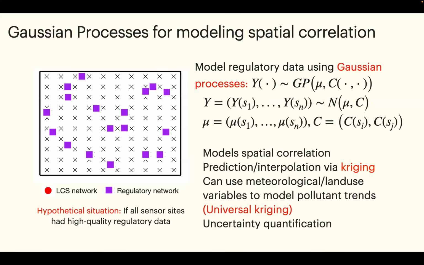You can predict at any new location using conditional distributions, which is called kriging, and you can also get not only point estimates, but also uncertainty estimates. So if we had reference data at all these sites, we know how to deal with this problem. We have a very good, time-tested model, and this is probably how a map would look that interpolates through the data.